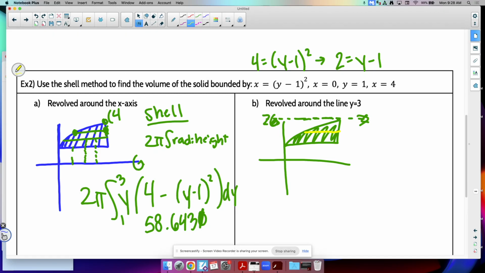Here's the nice thing about shells, it doesn't get as funky looking, because it is still 2 pi. Our region still goes from 1 to 3. Our big minus little for our height stays the same.